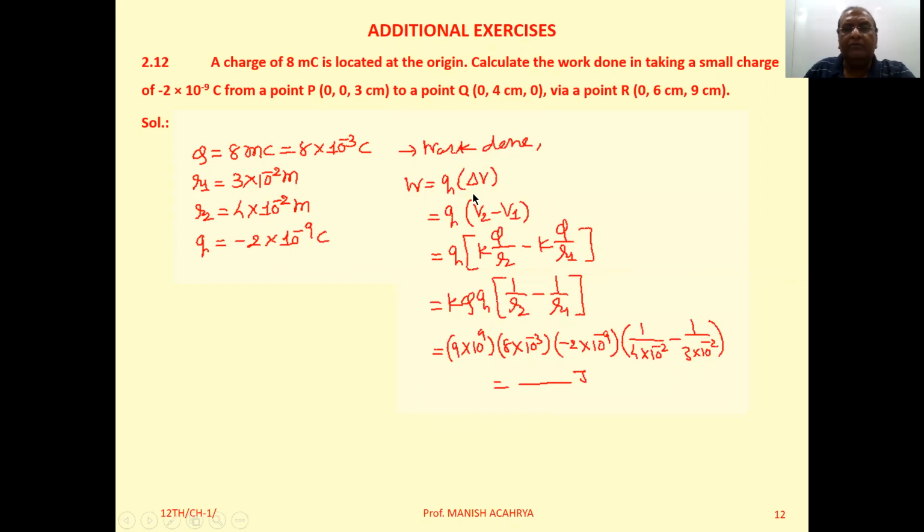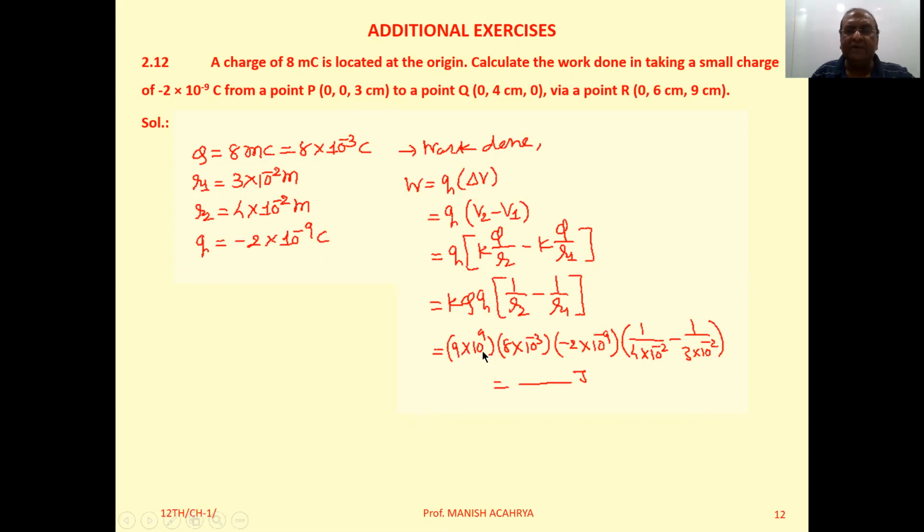Okay. Now work done, that is W equal to q into delta V. So q into V2 minus V1. So we can write q into KQ upon R2, that is the potential at point Q, then minus KQ upon R1, that is the potential at point P. So take K capital Q common. So we can write K capital Q small q into (1 upon R2 minus 1 upon R1).